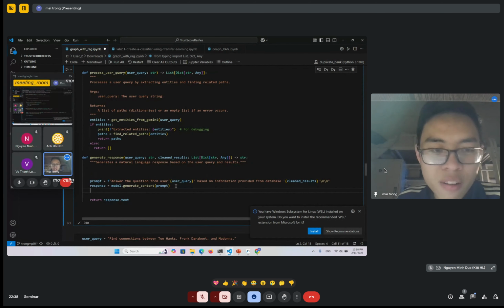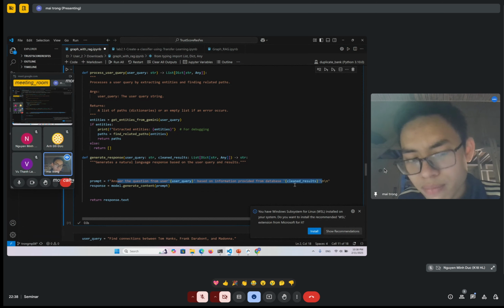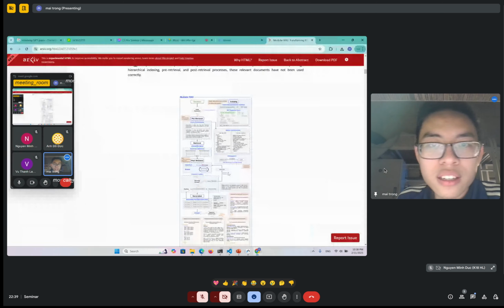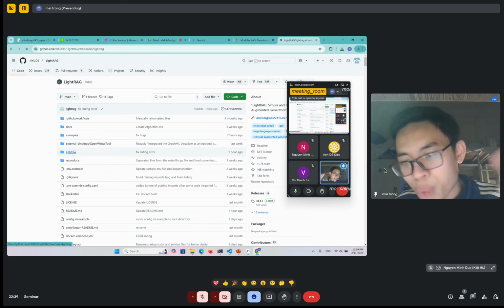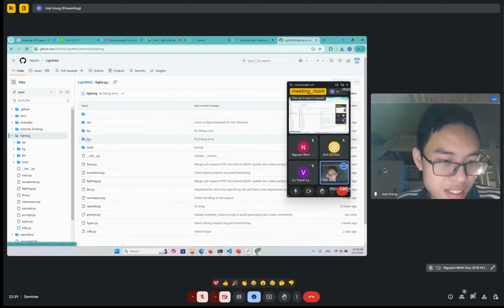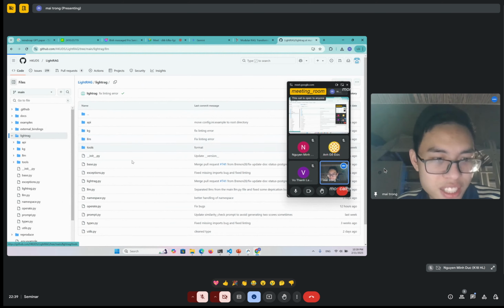But if you want to improve your prompting, I suggest you go to the open source LightRAG. Yeah, this one. There's a GitHub right here, and you can go to the code. I know that they leave the prompt somewhere. I have seen it. Let me check. Somewhere in here.